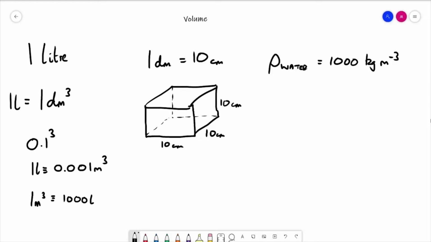Now, if you realise that 1 metre cubed is 1,000 litres and 1 metre cubed is also 1,000 kilograms, it gives you a very nice relationship that 1 litre of water has a mass of 1 kilogram. So that's why the decimetre cubed or the litre is a very convenient unit of volume, because it means that when we're talking about water, 1 litre of it has a mass of exactly 1 kilogram.